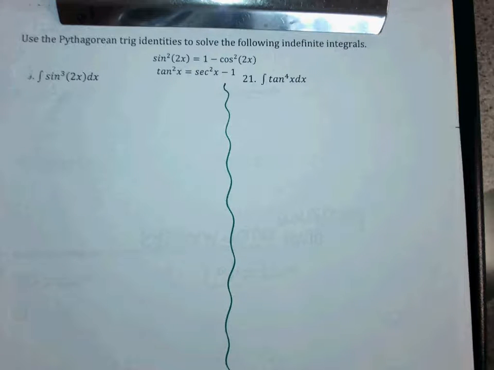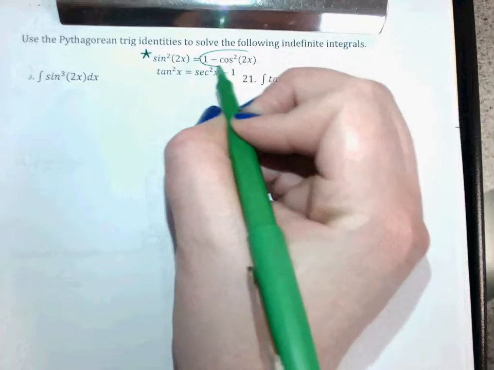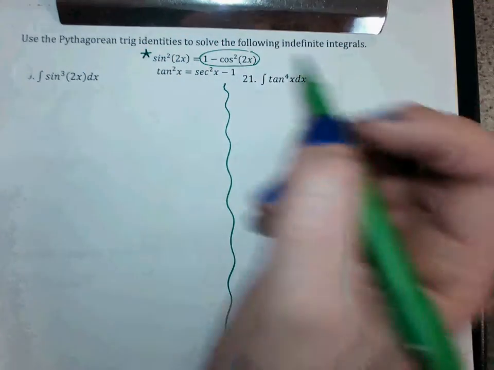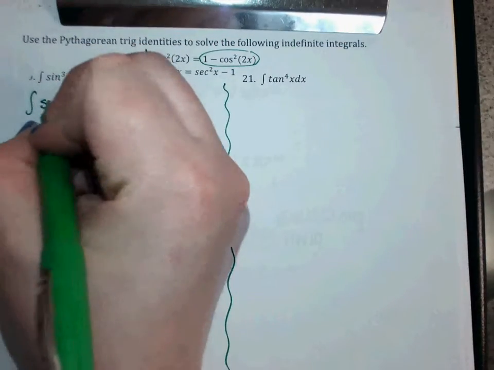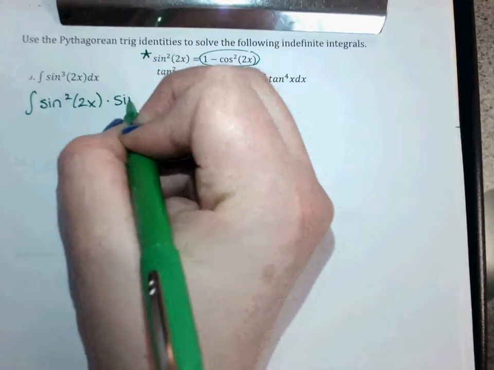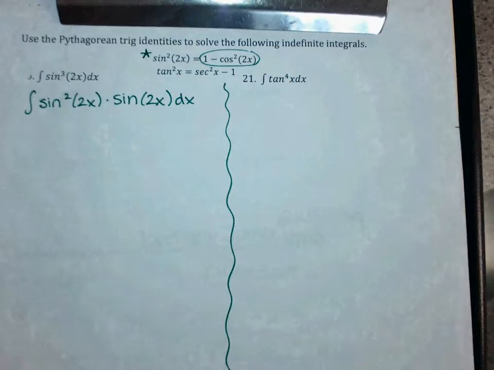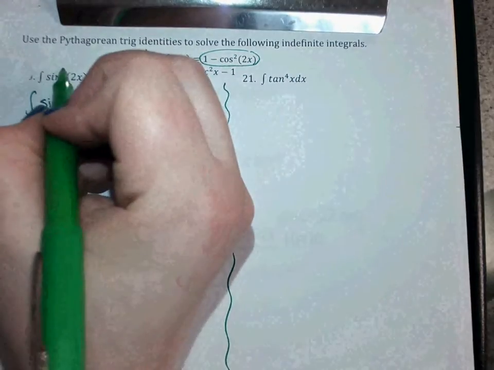We have the integral of sine cubed 2x. We're going to use the first identity that sine squared can be subbed out to be 1 minus cosine squared 2x. So the first thing that I'm going to do is split this up into a sine squared times another sine. Altogether, I originally had 3.